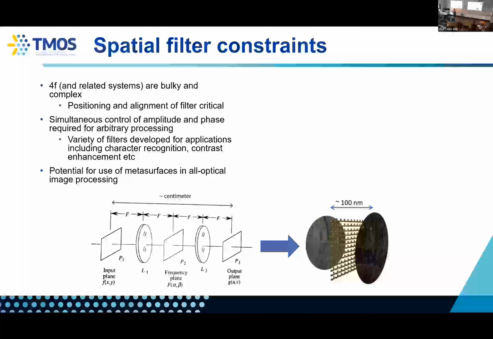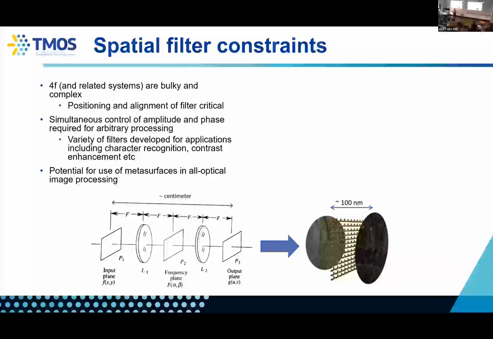And ideally, what we'd like to be able to do is to take something that looks like this and reduce it to a system that, rather than having all of these separate propagation distances and lenses, you could reduce down to a single layer that's of the order of 100 nanometers or so thick.